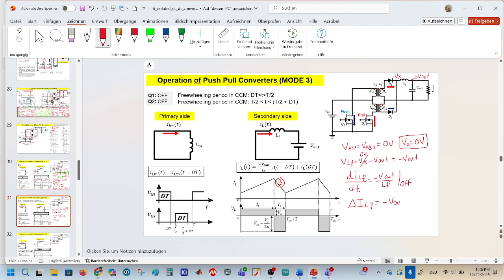This current on the inductance should be output voltage divided by filter inductance times this guy here, let's say, T over 2, the switching period over 2 minus dTs, and we can simply write it as 1 over 2 minus d times Ts.